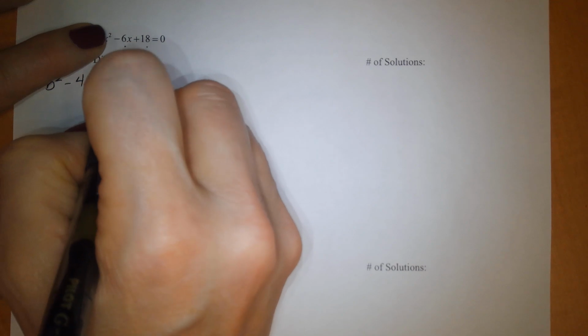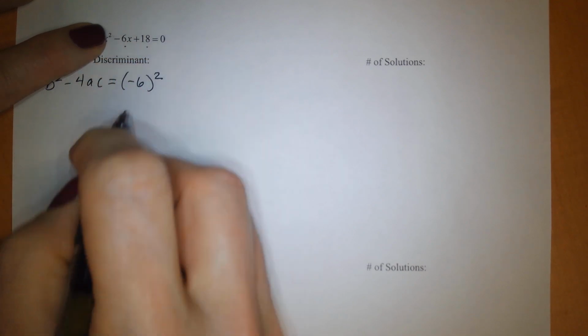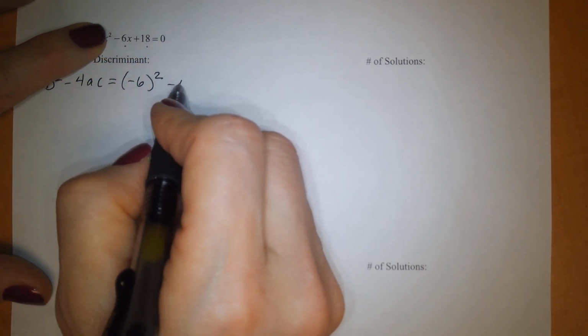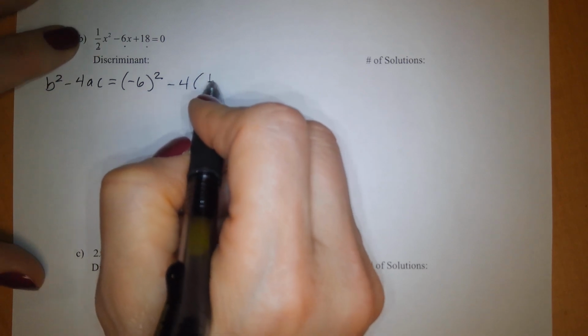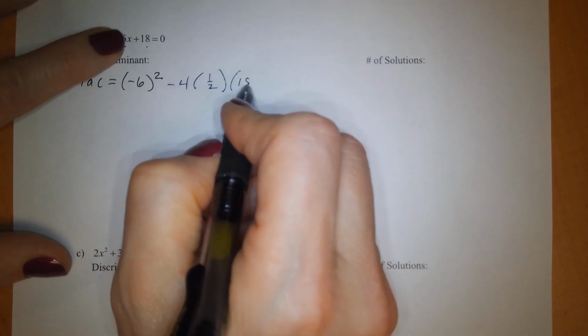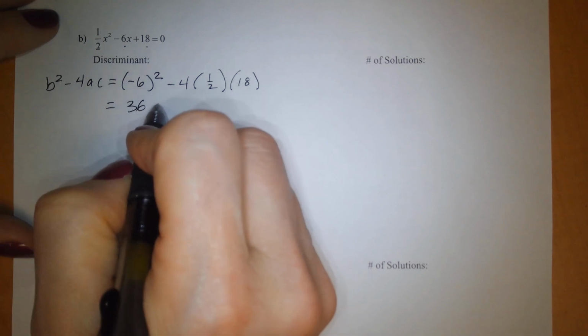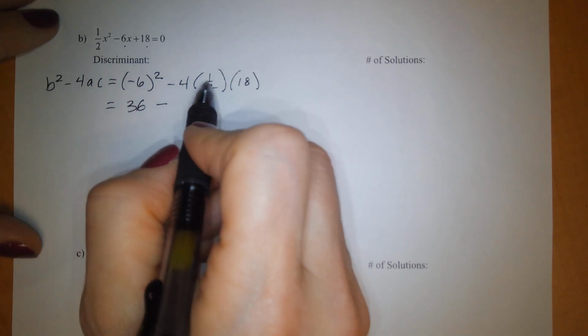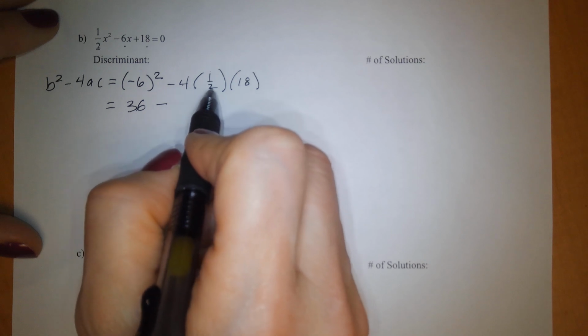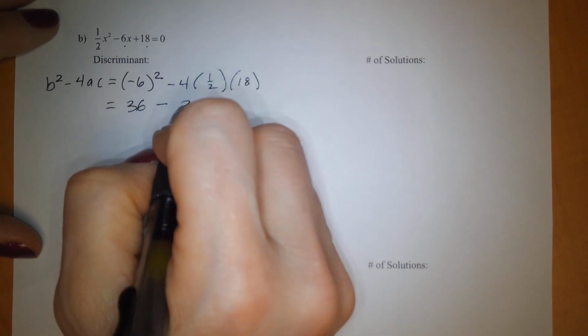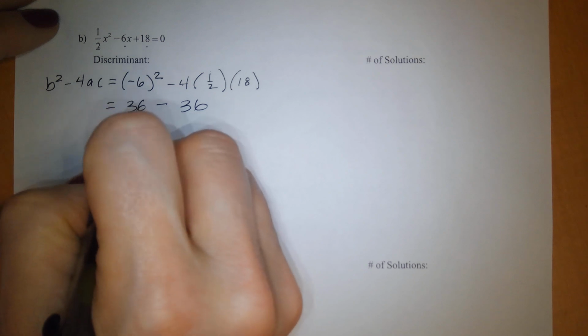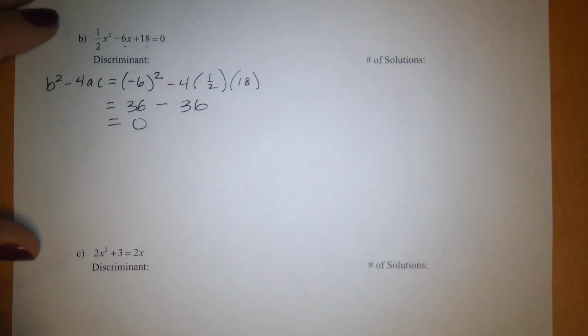So b squared is going to be negative 6 squared minus 4 times a times c. So the discriminant is 36 minus 4 times 1/2 is 2, and 2 times 18 is 36. So the discriminant is 0.